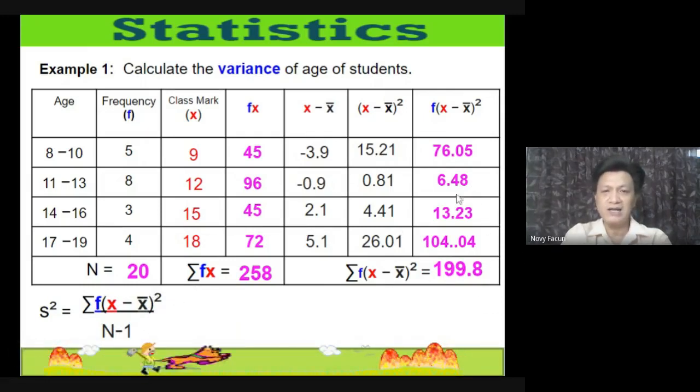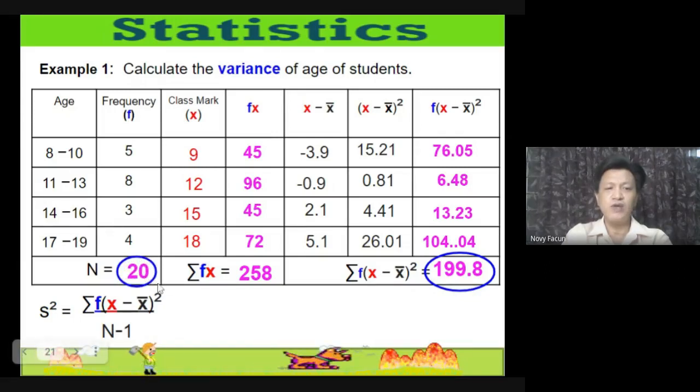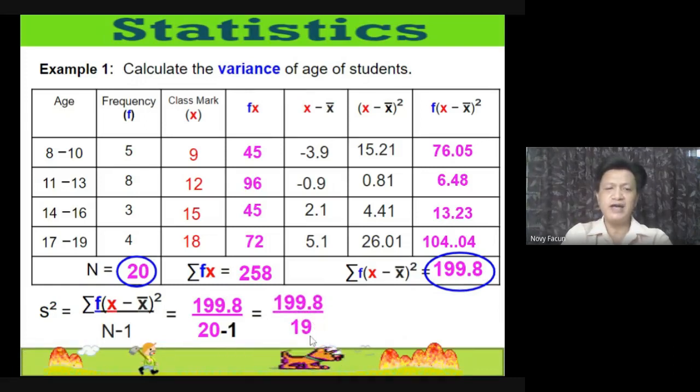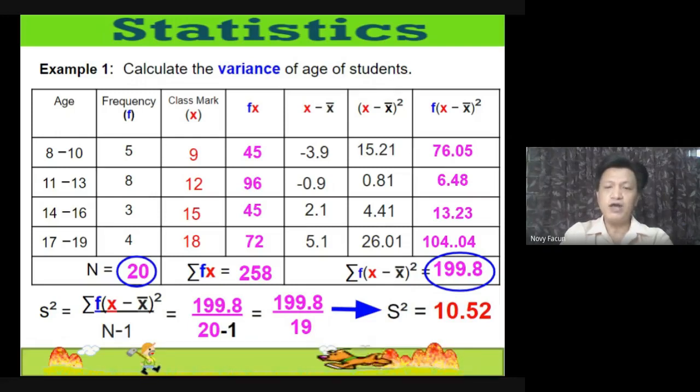Ito yung kailangan natin, yung summation of the product of the frequency and the square deviation. Kaya nga, substitute lang natin yung 199.8, i-divide lang natin siya by 20 minus 1. But before you simplify, i-minus muna natin yung 20 minus 1, kaya 19 na siya, yung denominator. Kaya 199.8 divided by 19, kaya ang ating variance ngayon ay 10.52.